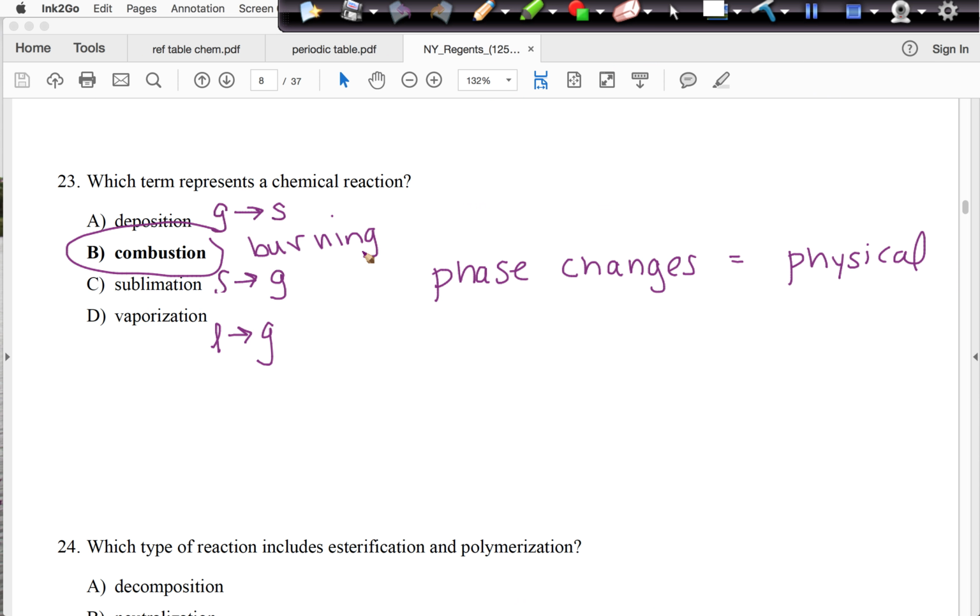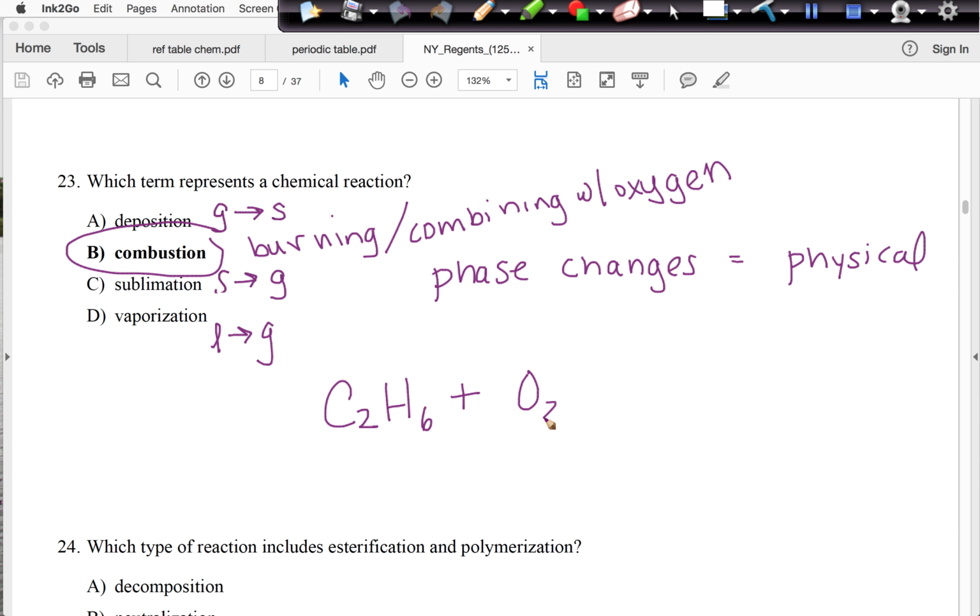Combustion is burning. It is also combining with oxygen. And we said that in our organic chemistry chapter, that if we took a hydrocarbon or other organic compound and combined it with oxygen, the two products would be CO2 and H2O.